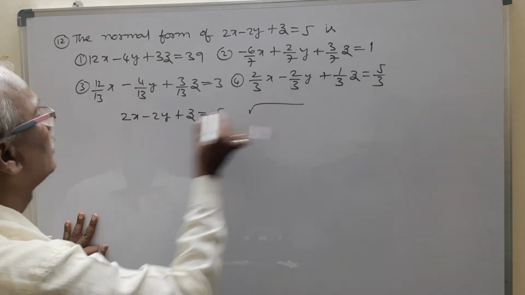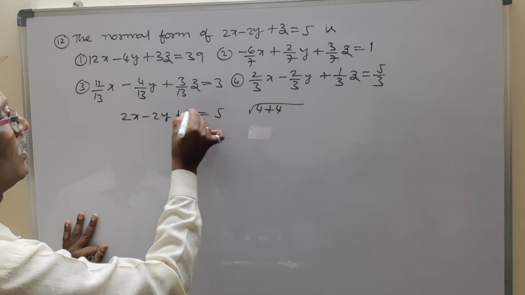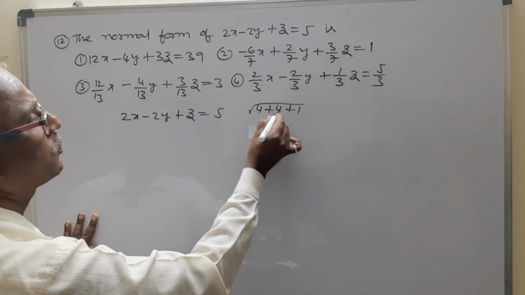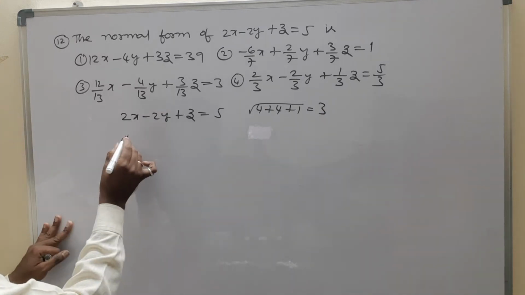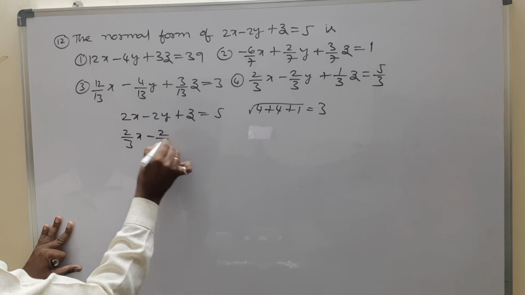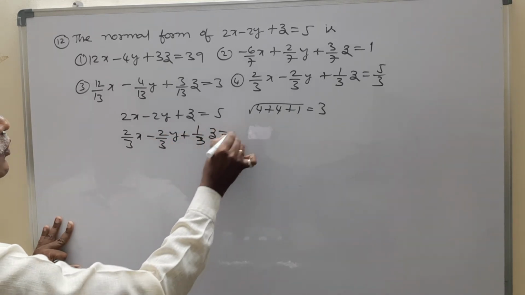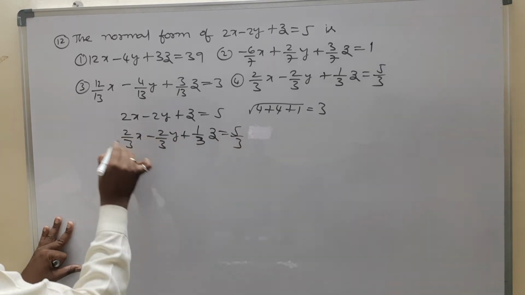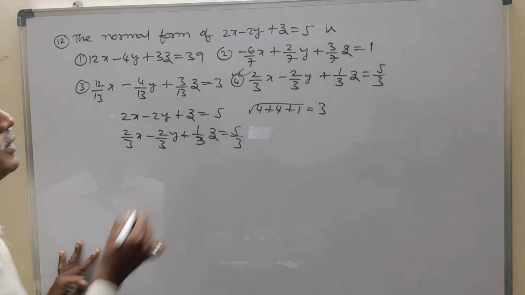Here 2 square is 4, minus 2 whole square is 4, 1 square is 1. 4 plus 4 is 8, 8 plus 1 is 9, root 9 equal to 3. Divide both sides by 3: 2 by 3 x minus 2 by 3 y plus 1 by 3 z equal to 5 by 3. This is the equation of the plane in normal form. The fourth option is correct.